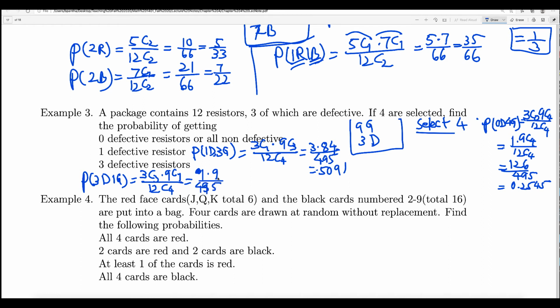So 9 over 495 is how much? 9 divided by 495 is 0.1818. This is what you get.